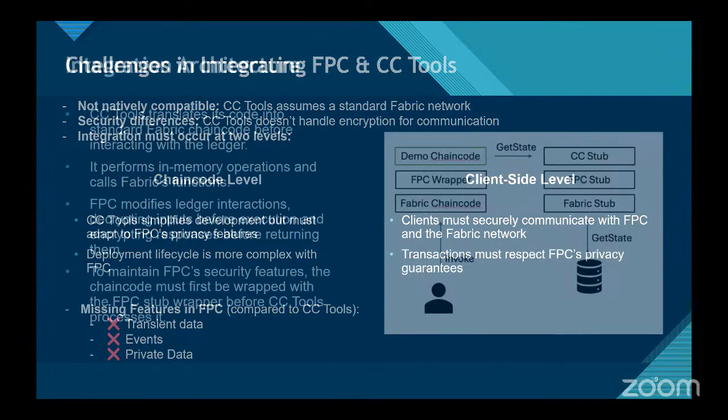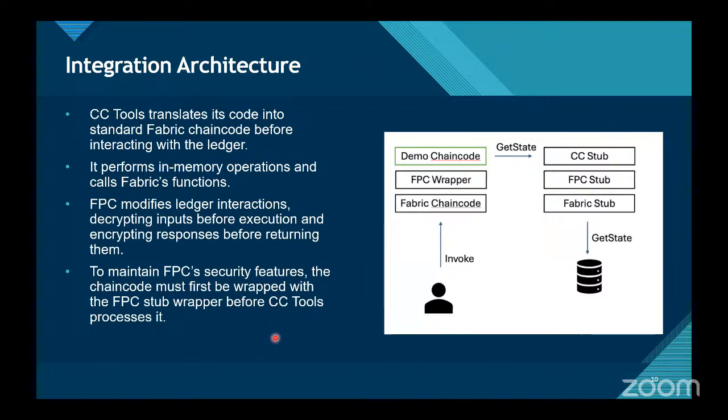Okay, so the integration architecture, what we used is that before, if you go to the transaction flow of CC tools, you can see that CC tools translates the code into standard Fabric chain code before interacting with the ledger. So like we said earlier, CC tools is a framework that's not messing with the code execution itself.